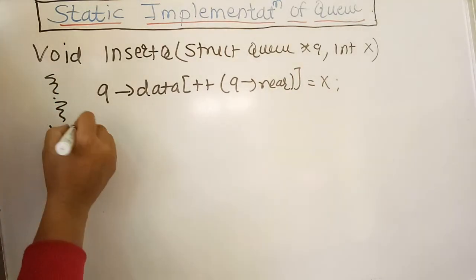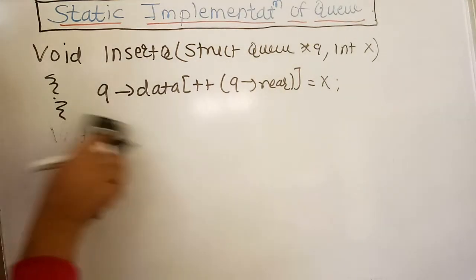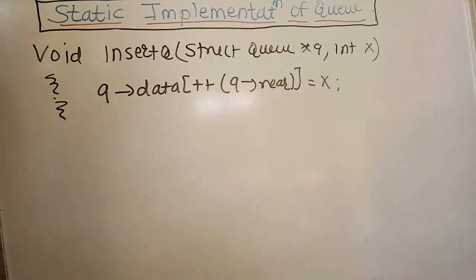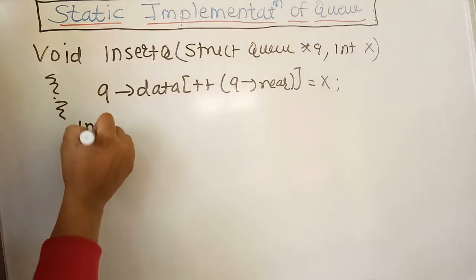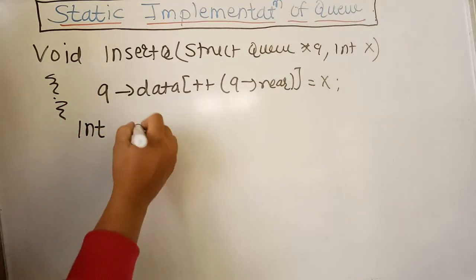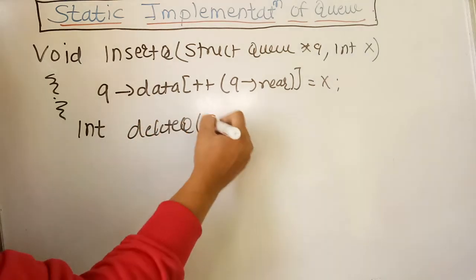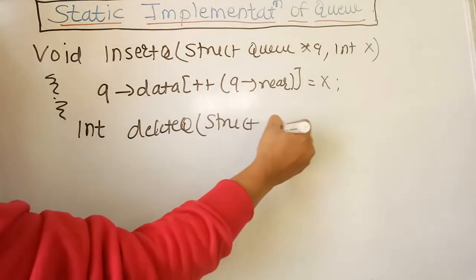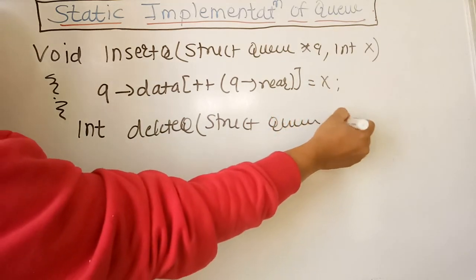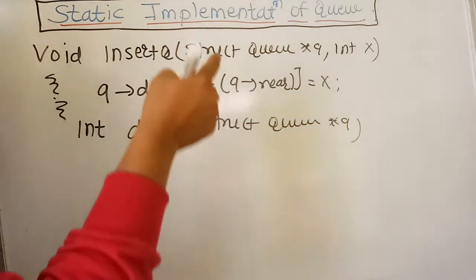Now we will write for delete. But for deletion, we have to accept that element and write it anywhere. So we will take the data type as integer, delete q, and only take the variable of a queue, because we have to only delete, not insert any element.